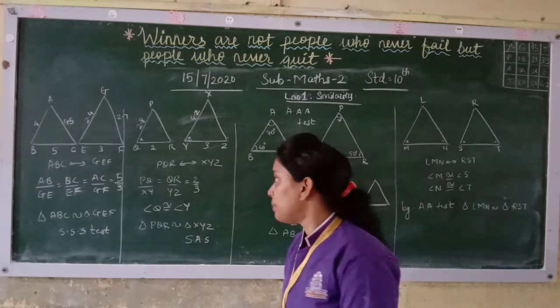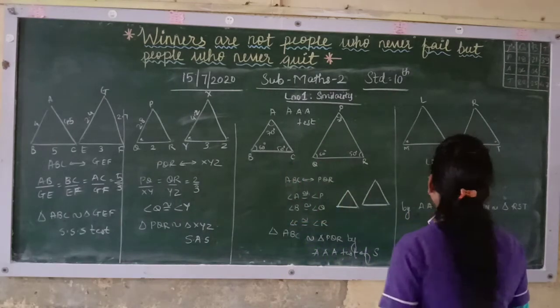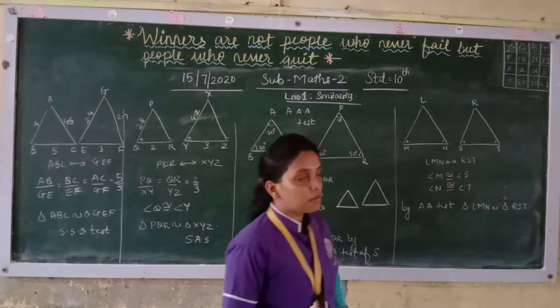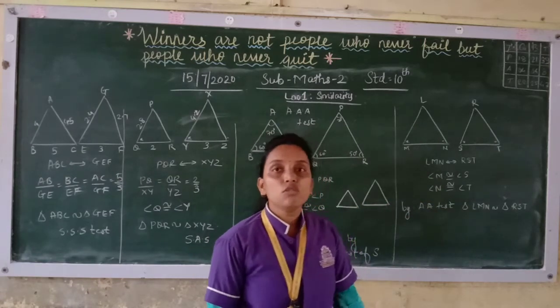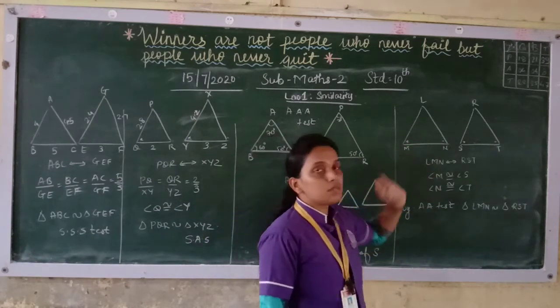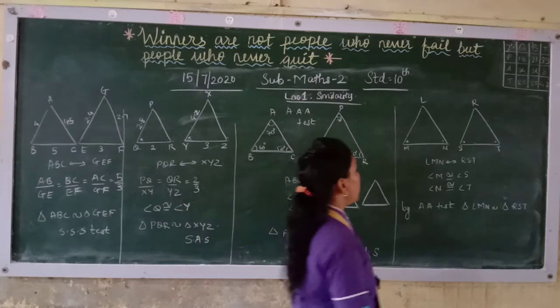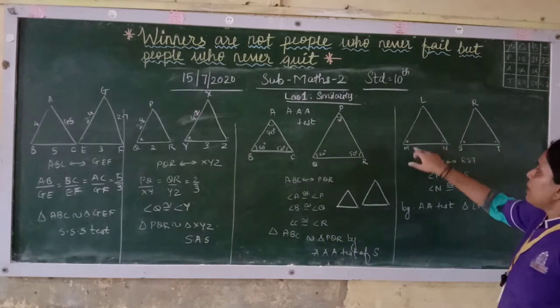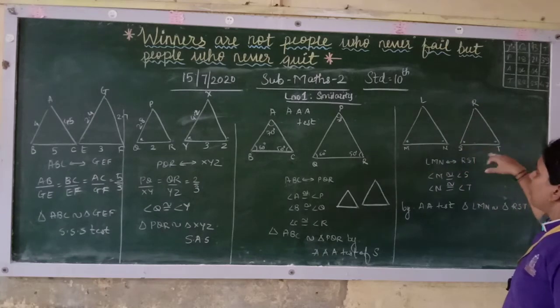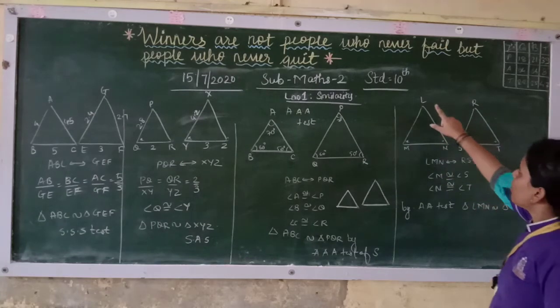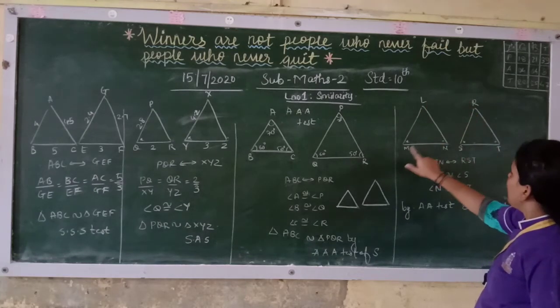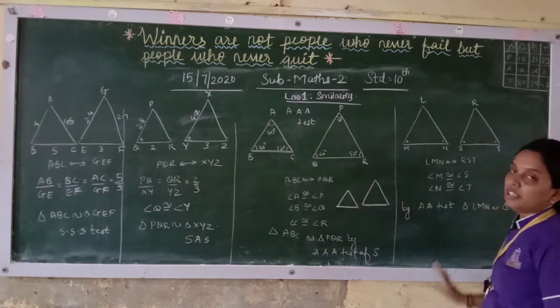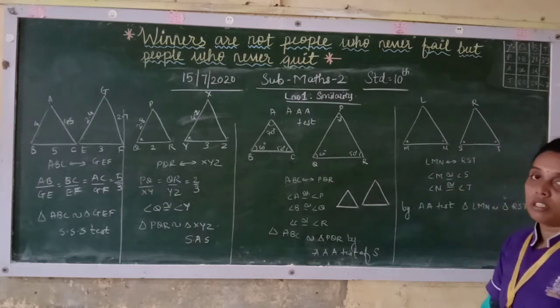That is the angle test of similarity. Then we have the AA test of similarity. In this you can show that two corresponding angles are congruent. Here, LMN is in one-to-one correspondence with RST. One-to-one correspondence means what? L will match with R, M with S and N with T. That is why we write this one-to-one correspondence.